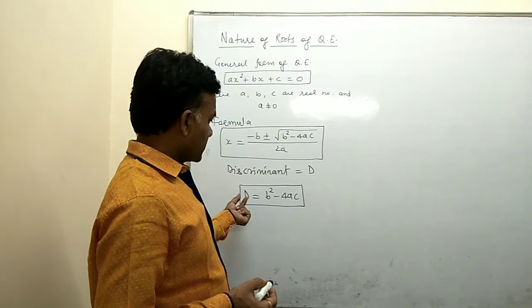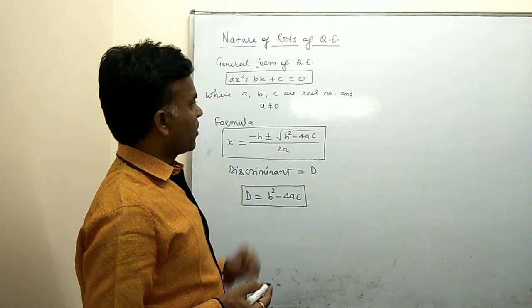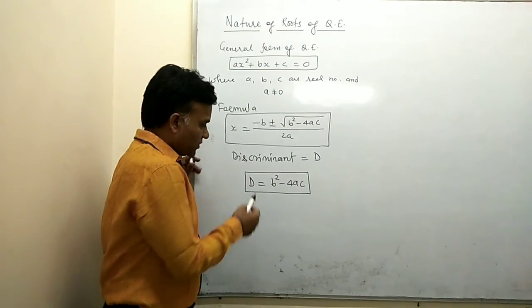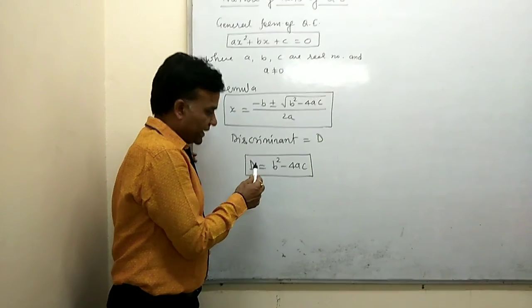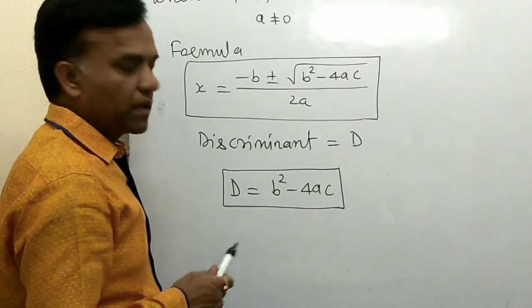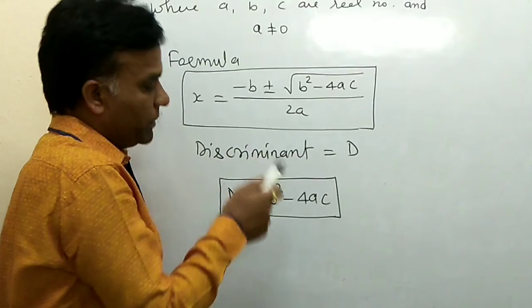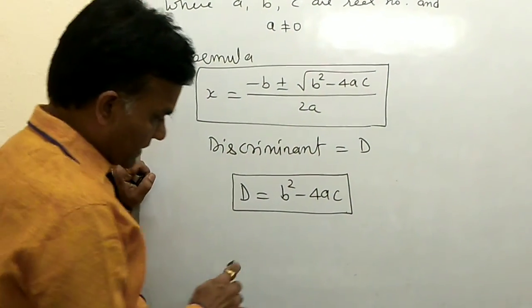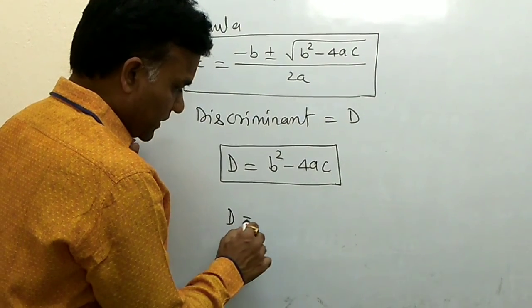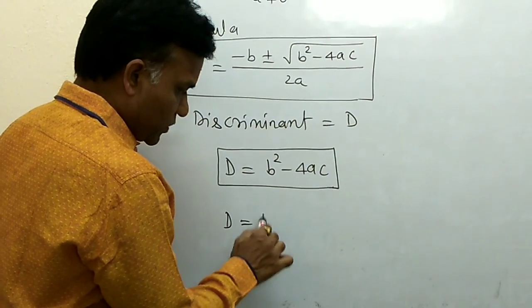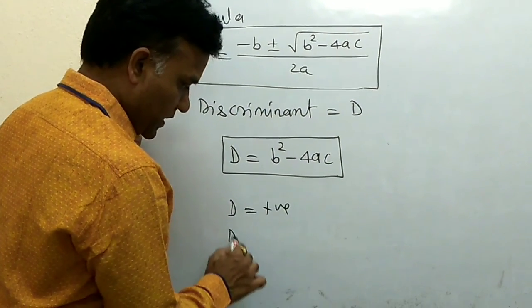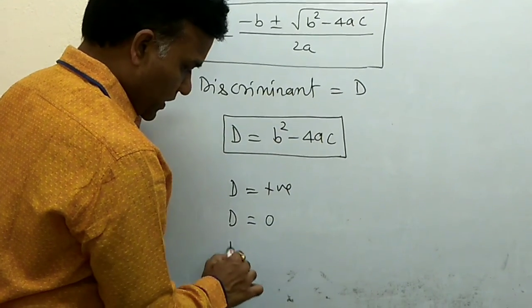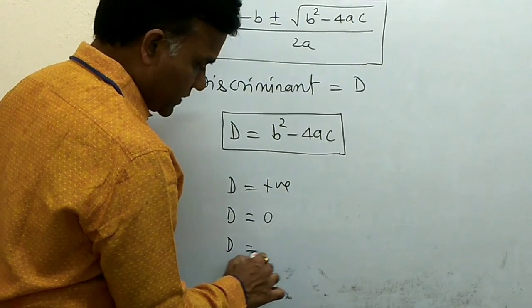So now this D is very important for quadratic equations, and first know the formula: D equal to b square minus 4ac. You find out the values of a, b, c and put them here, and then you get the nature of the roots. So here we illustrate D equal to positive, D equal to 0, or D equal to negative.